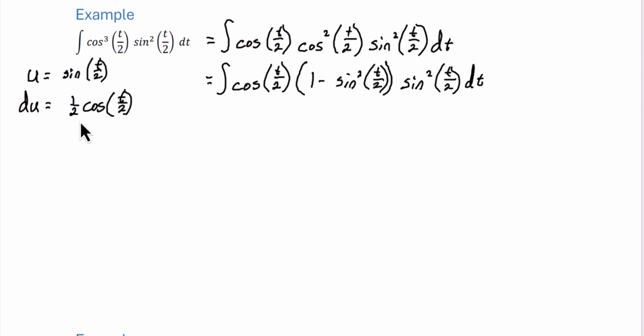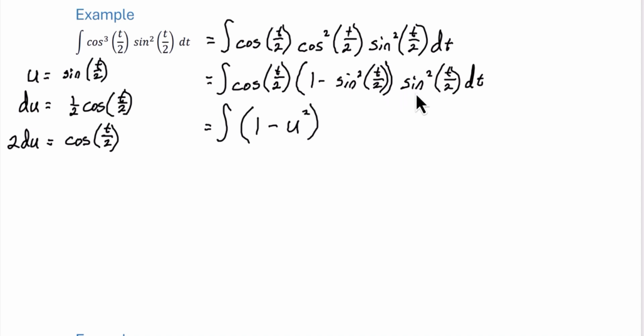Notice that the 1/2 does not appear in the integral that we have, so let's multiply both sides by 2. We'll now have 2 du equals cosine of t over 2. Now making the actual substitution, we have 1 minus sine squared, we are replacing with u squared.